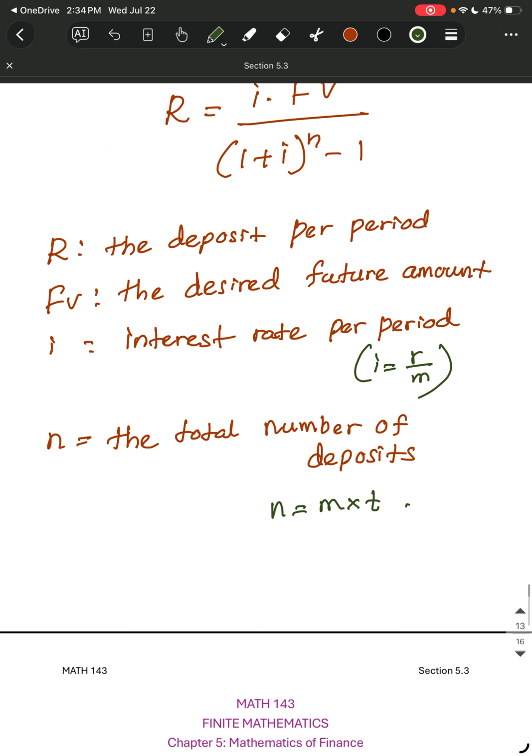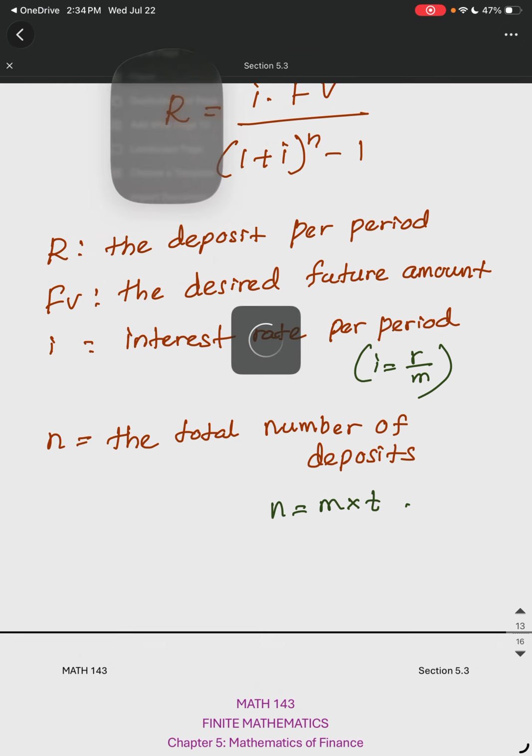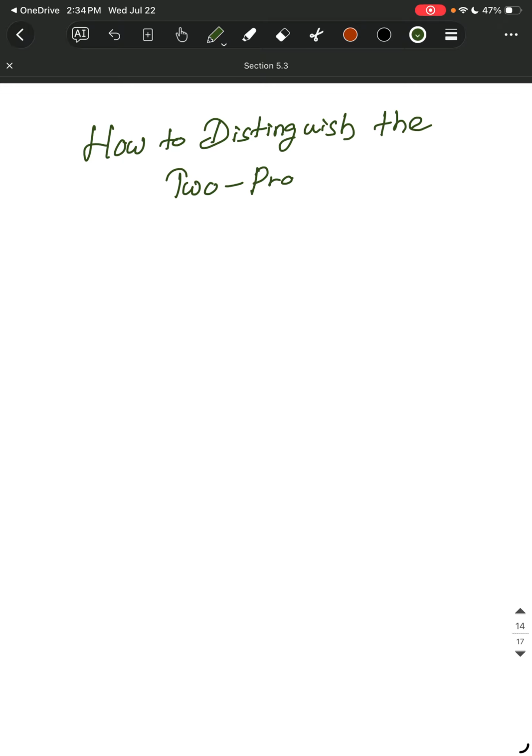Okay, the first thing, before moving towards the examples, let's see how to distinguish the two problems. How to distinguish sinking funds and amortizations. Okay, how?